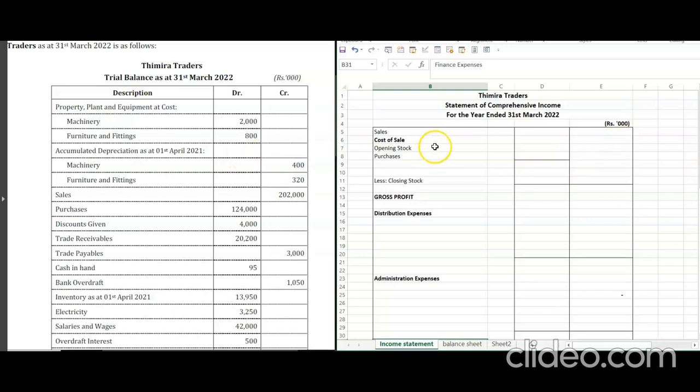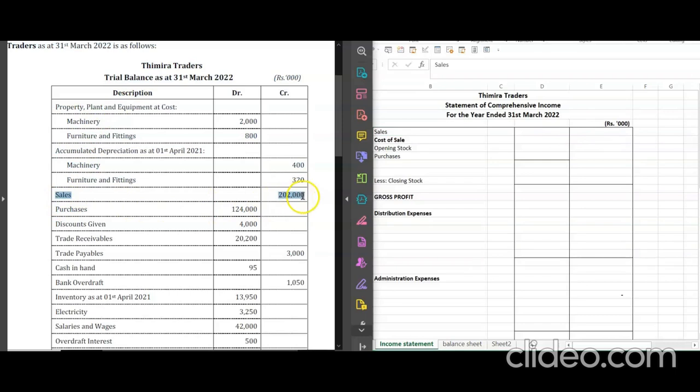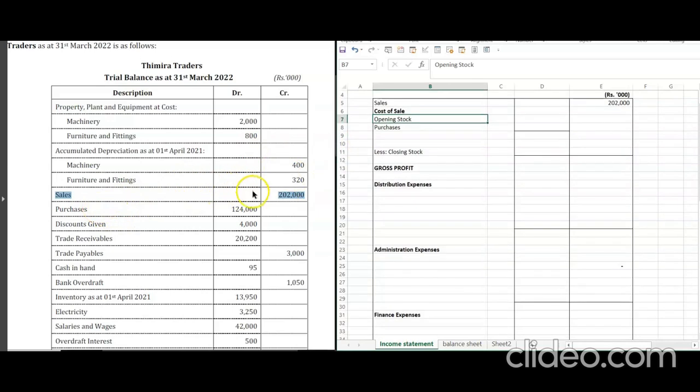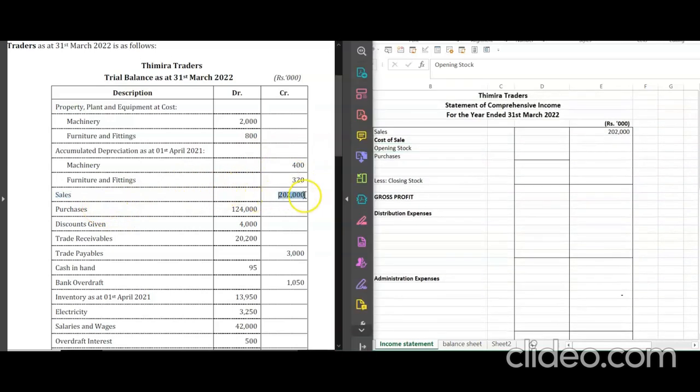Right. Let us start to do this question. First of all, you have to put the sales. How much are the sales shown in the trial balance? You can see here sales. Sales is very easy, just directly you can put it as 202,000. Right. Then next, the opening stock. Can you see the opening stock here?